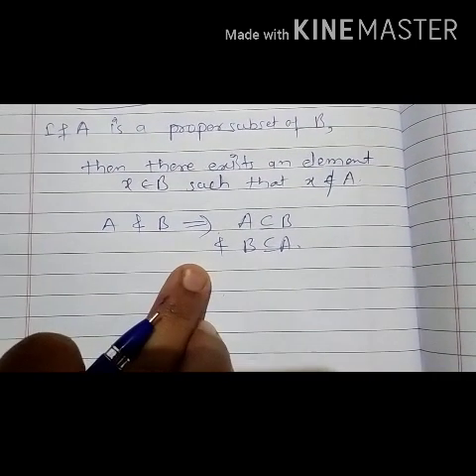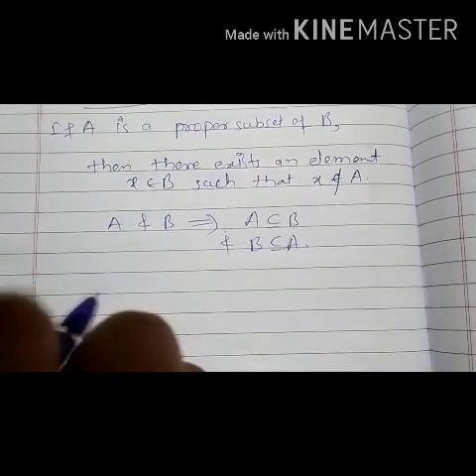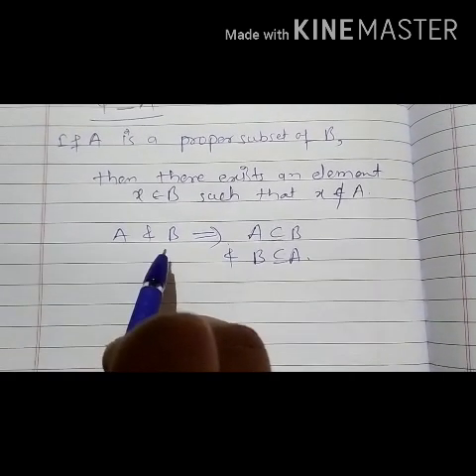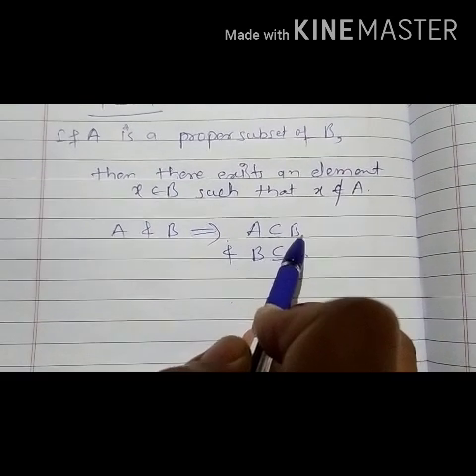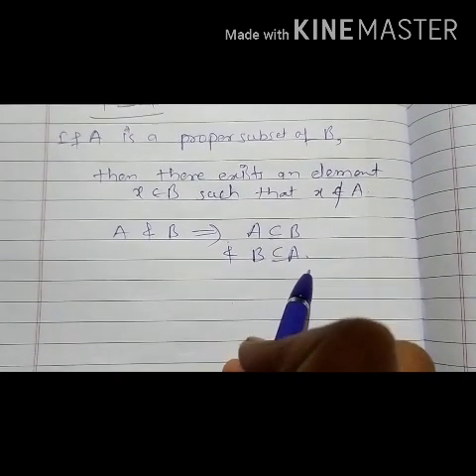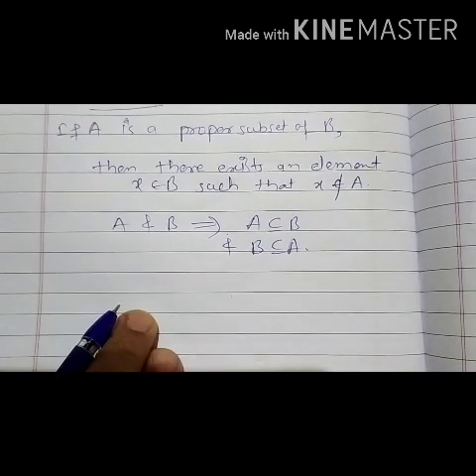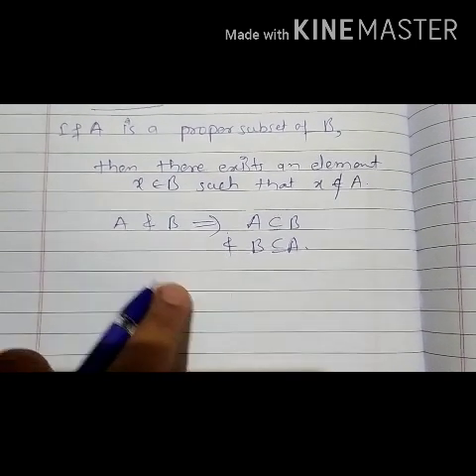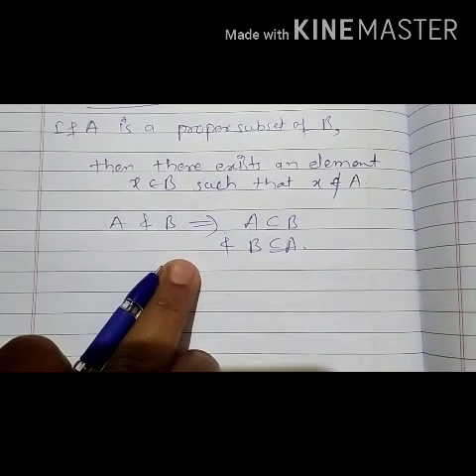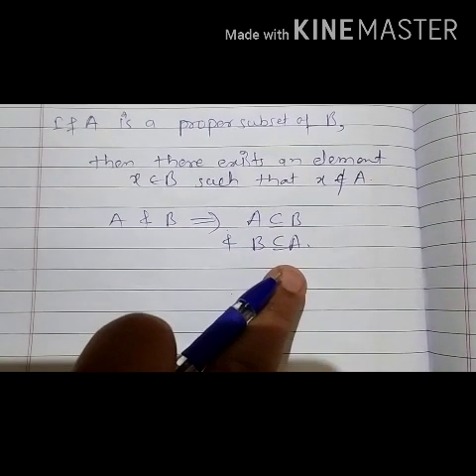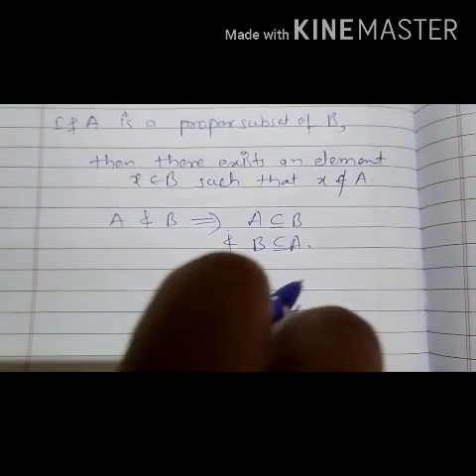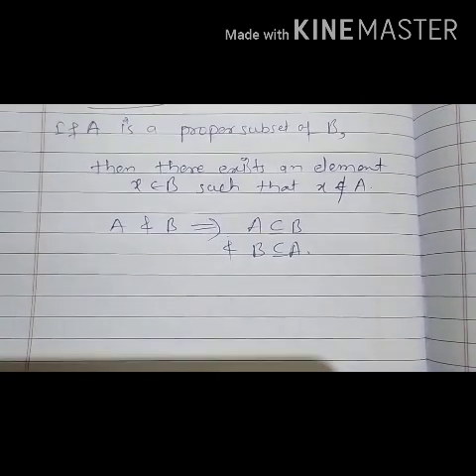Means from the definition of equal sets, we have sets A and B are said to be equal if and only if A is a subset of B and B is a subset of A. Now students, whenever it is to be proved that A and B are equal sets, we have to prove first A is a subset of B and B is a subset of A. Now this method only we will use for proving any two sets equal. Understood?